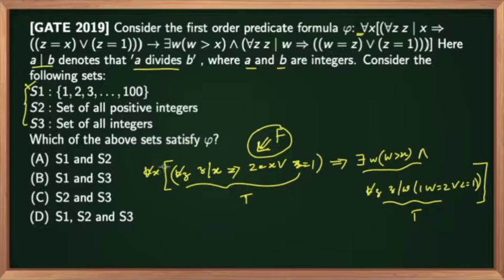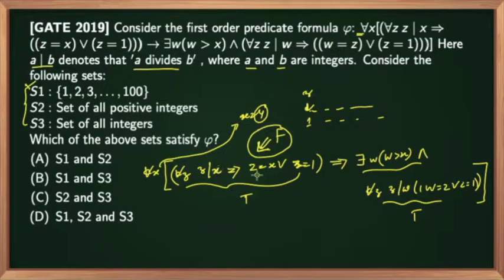For example, if you assume the value of x is equal to 4, so sometimes it is looping through the domain's values, so it will reach the value 4. Now what it says is that for all z, if z divides x, you are starting from 1 to some point, and for all z you are taking the first value of z, z will be 1, so z divides x, that is true.